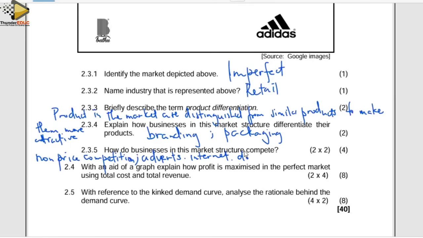Or they can use door-to-door services, deliveries. They issue deliveries, which is also another benefit, or they can also use brand loyalty. Brand loyalty, they can give rewards to their customers so that they become loyal to the given brand and they become committed as customers to that specific brand and not to other brands.